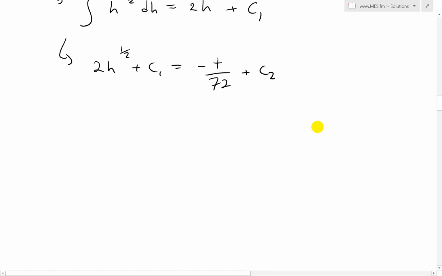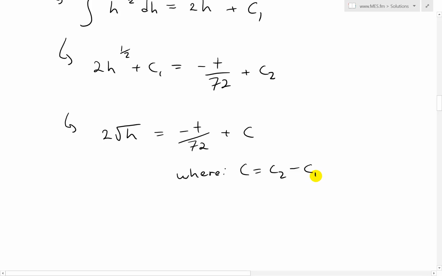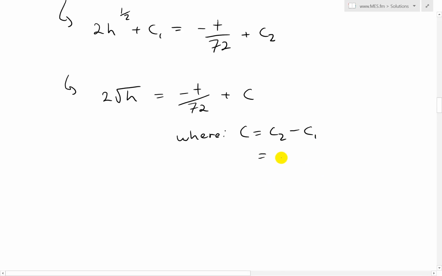And now I'm going to simplify this even further, and write this as 2 times the square root of h equals negative t over 72 plus c, where c is simply the combination of the two constants, c2 minus c1, and it's still an arbitrary constant. Just to make it simpler to look at and solve.